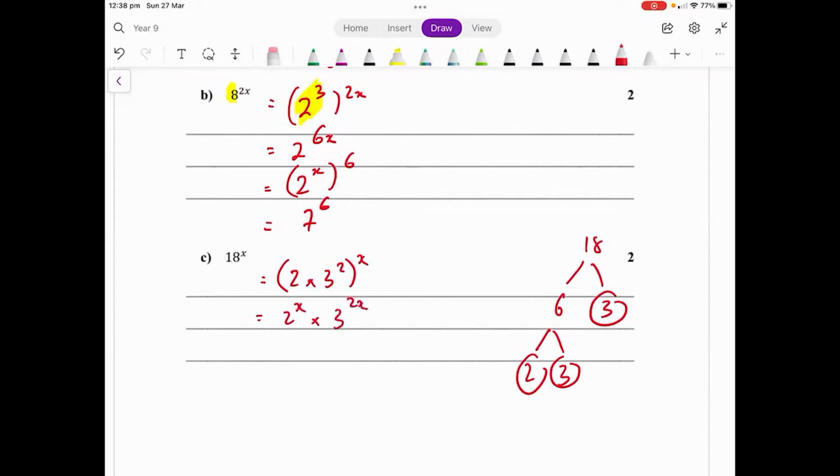Then I'm going to expand those brackets, and it becomes 2 to the power of x times 3 to the power of 2x. 2 to the power of x is fine. I can leave it alone because I have a substitution for that. And 3 to the power of 2x I write as 3 to the power of x all squared, and replace that 3 to the power of x with 5. Finally, I put it all into my calculator and get 175.